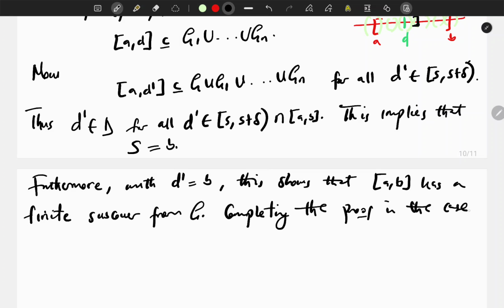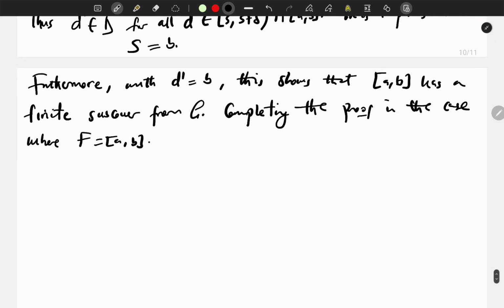In the case where F is equal to A comma B. So let us check an arbitrary case now.